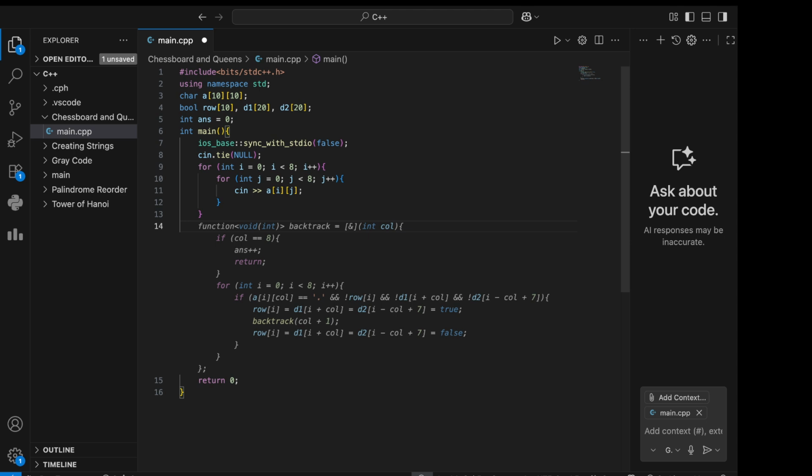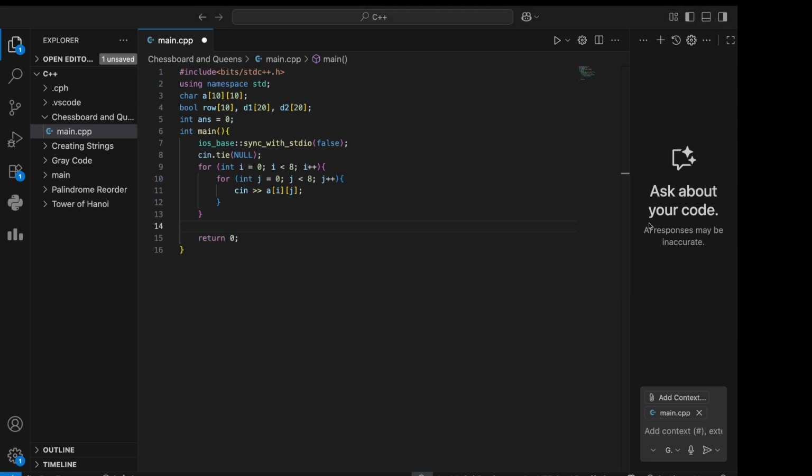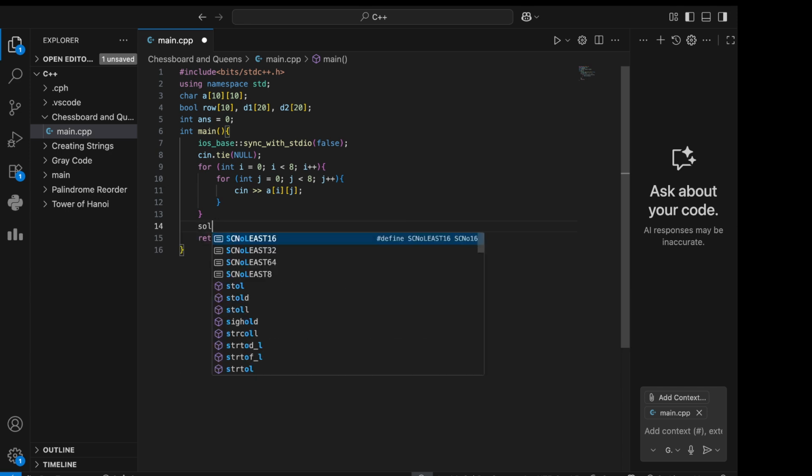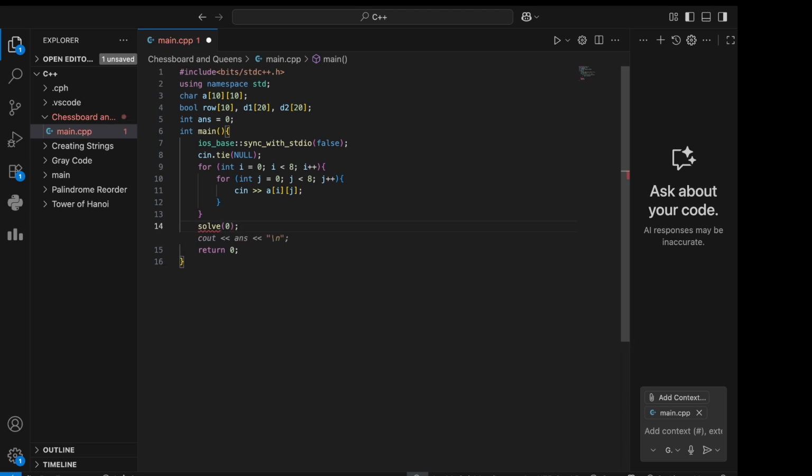Okay, what else do we need? Solve from 0. So we're going to start with the first column, and by looping through all of the rows, then going through all of the columns, we can check whether the square is free or reserved or being attacked by identifying the state of the square.